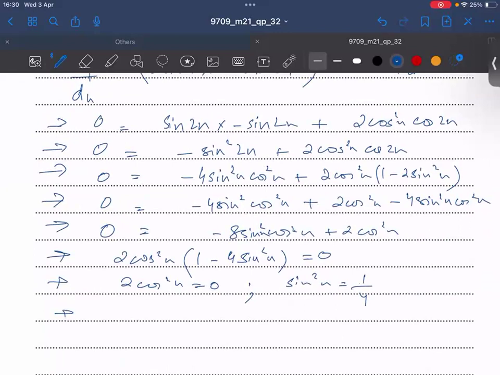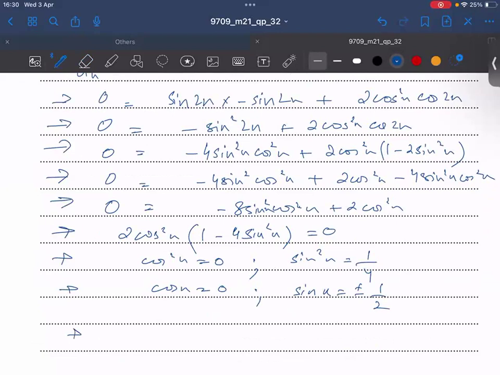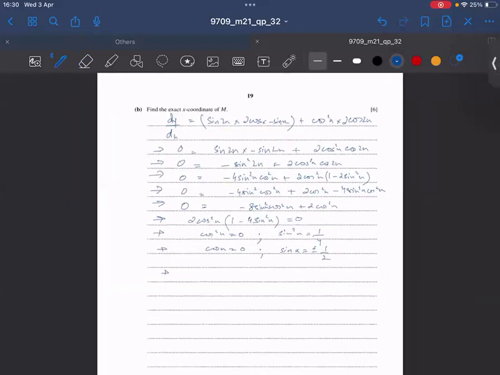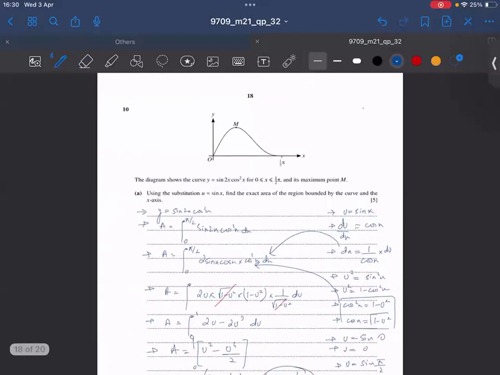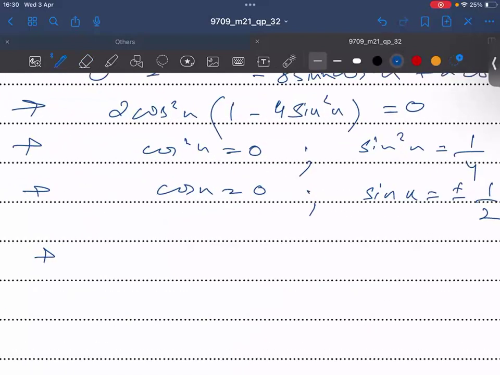So 2 cos square x equal to 0 means cos x equal to 0, and this is going to be sine x equal to plus minus half. From this you're going to get what? What is your domain? The domain is from 0 to pi by 2. So you're going to get pi by 2 from here.